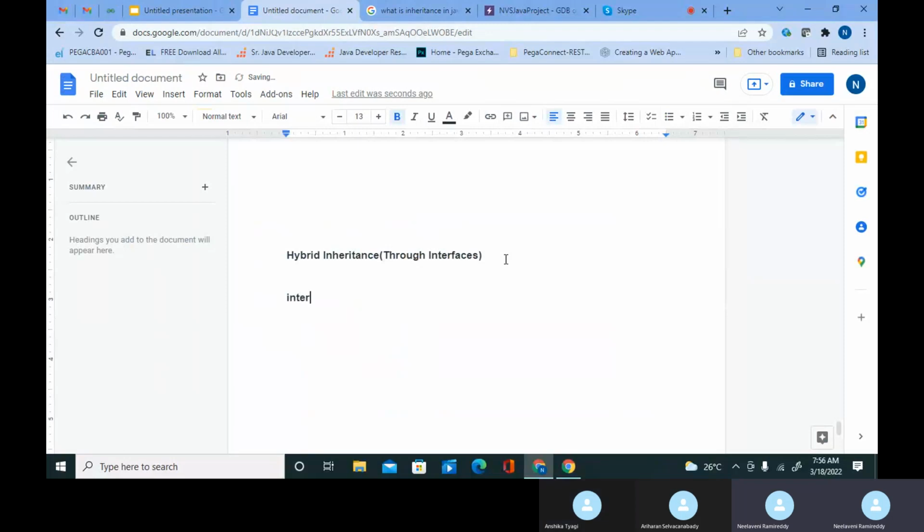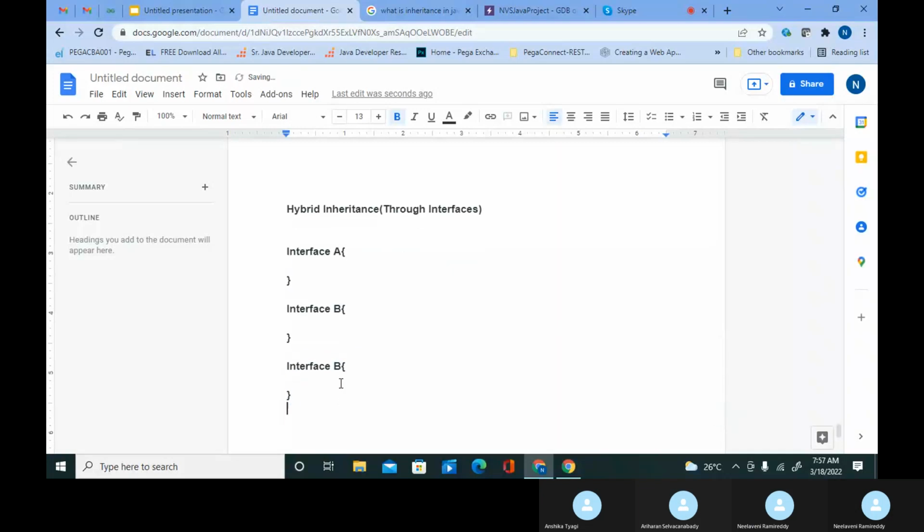So interface A is there, interface B is there, interface C is there.